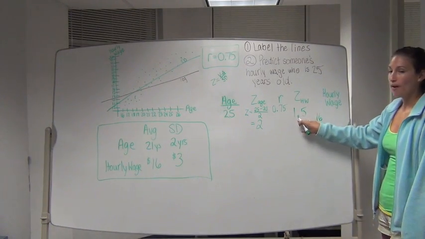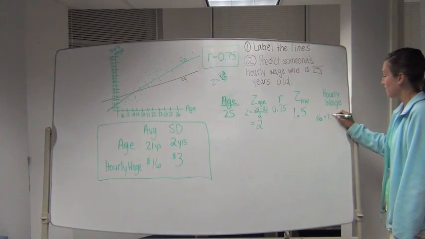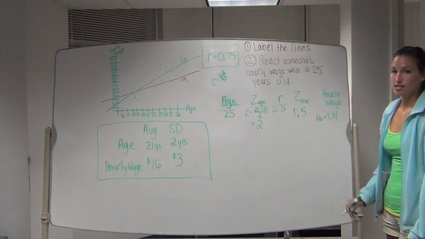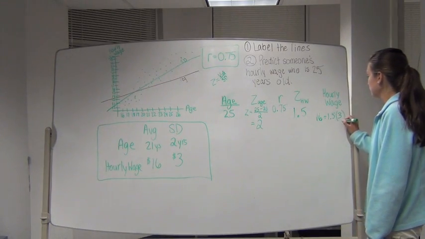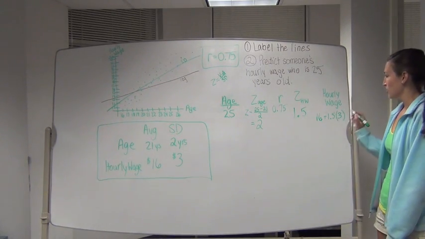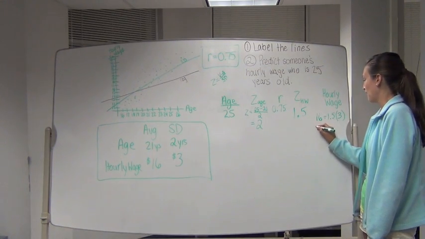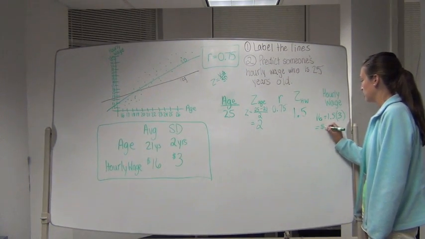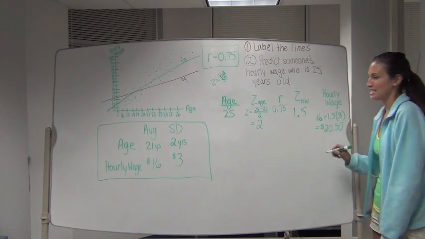And then we're 1.5 standard deviations away. So we're going to add 1.5 times our standard deviation, which is 3. And when solving this, we get that our prediction for someone who's 25 years old for hourly wage is going to be $20.50.